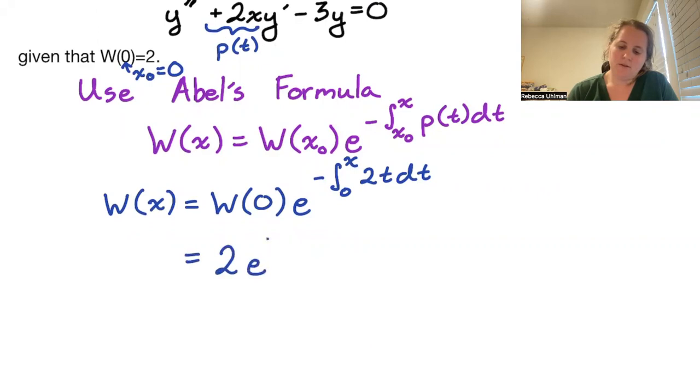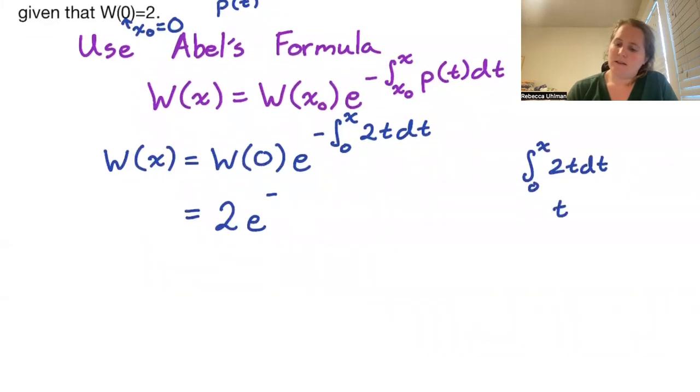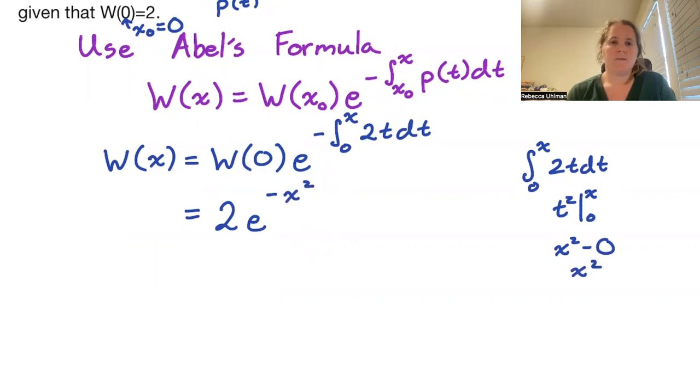Then we have times e to the negative integral from 0 to x of 2t dt. This integral becomes t squared evaluated from 0 to x, and we just get x squared minus 0, or x squared. So our Wronskian becomes 2e to the negative x squared, which is, of course, non-zero everywhere.